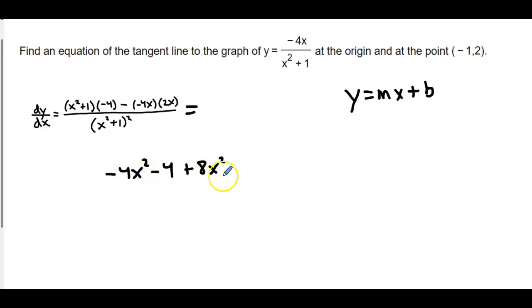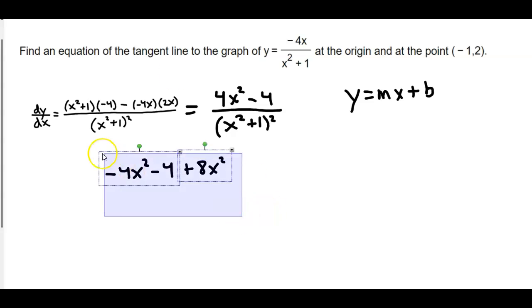And then we could simplify these 3 terms. We've got a common term in our x squared: negative 4x squared plus 8x squared, that's 4x squared. So I'm going to write this as 4x squared minus 4, and then again, this whole thing is over x squared plus 1 squared.